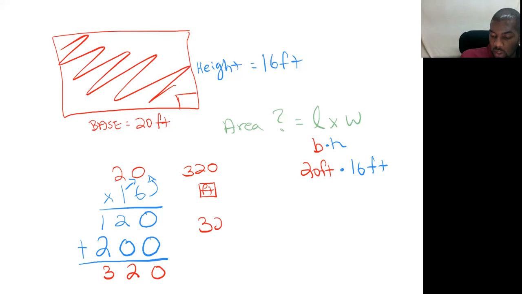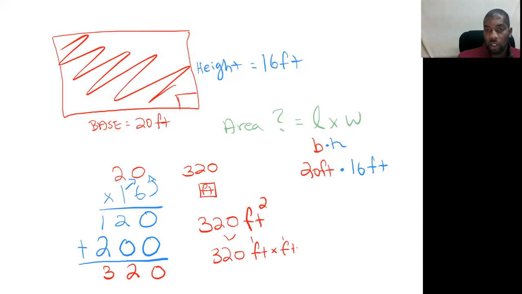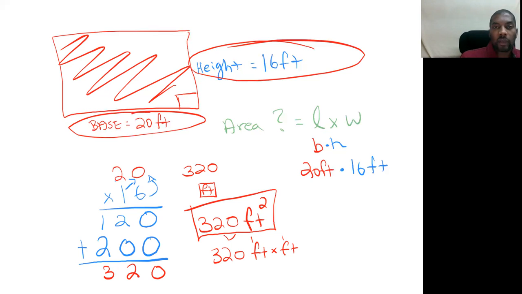I write that as 320, then I put the units, feet, then I put the square on top. 320 feet squared. Because really what this looks like is 320 feet by feet, right? Because it's 1 foot by 1 foot. But you don't really need to know that right now. All you need to know is that it's 320 feet squared. How did I do that? I simply multiplied the base times the height.